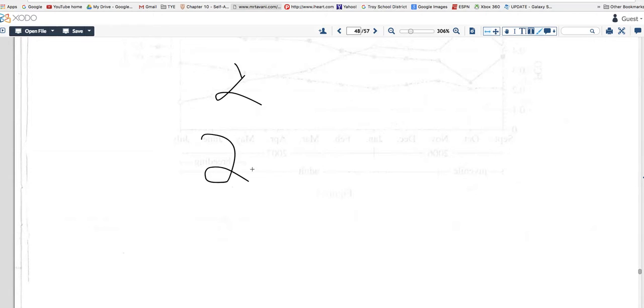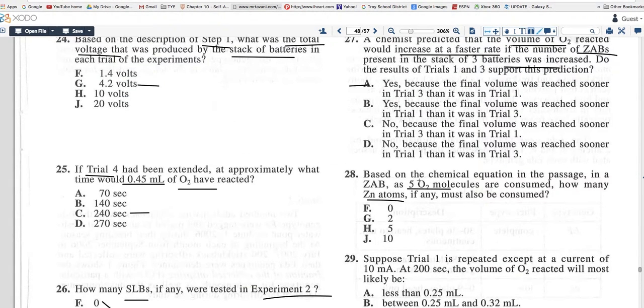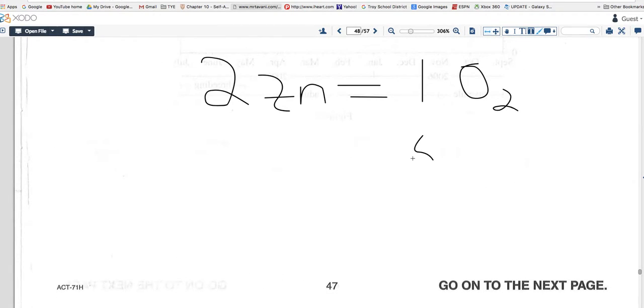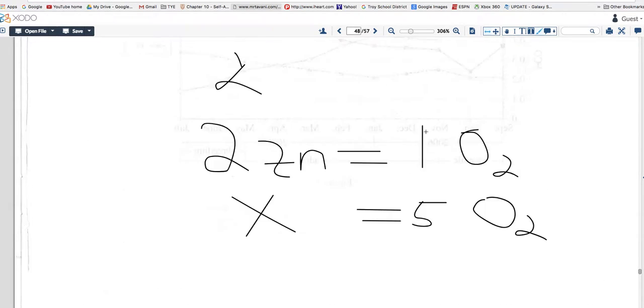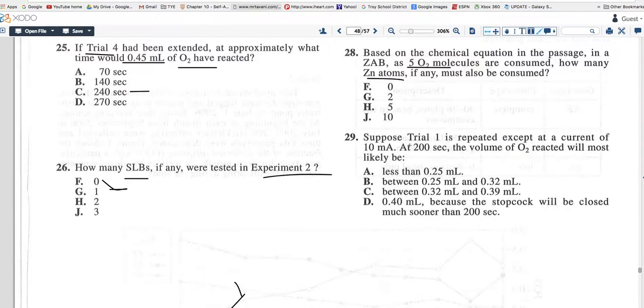If I have 2 Zn equals 1 O2. Now, in the question they're saying I have 5 O2 actually. So if I have 5 O2, and then I just put this as x, and I'm going to solve this cross multiplication. 5 times 2 is 10. That means 10 Zn. Make sense? Alright. 29.